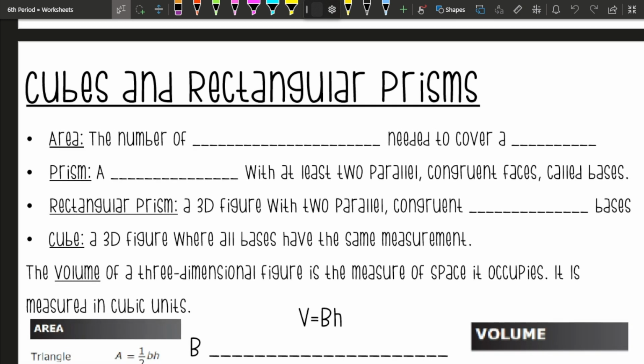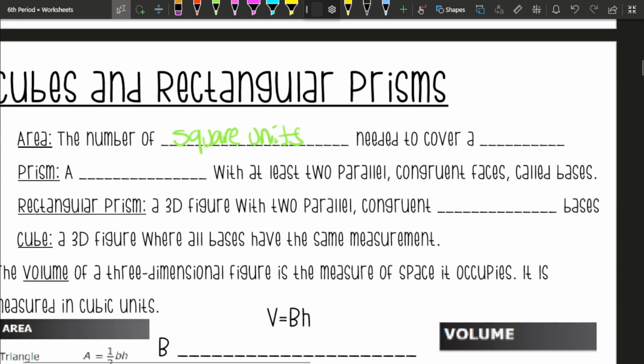Area. Area is the number of square units needed to cover a 2D shape. For example, if you have a rectangular piece of paper, you have base and height or length and width, right?